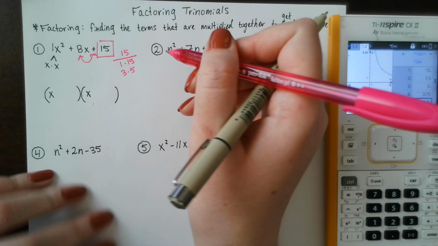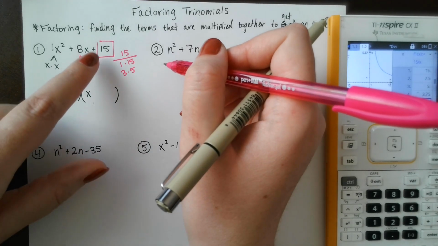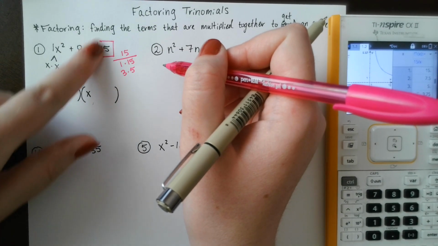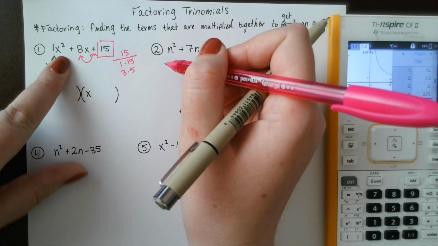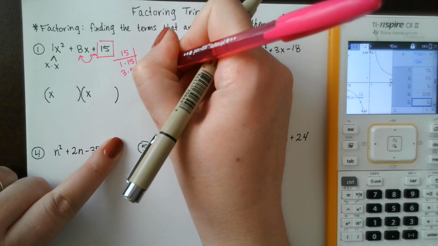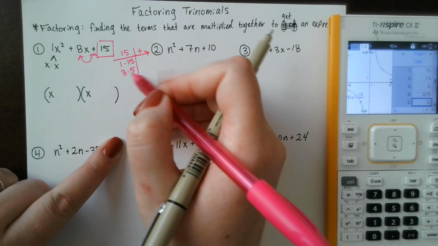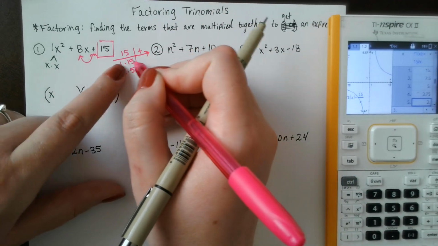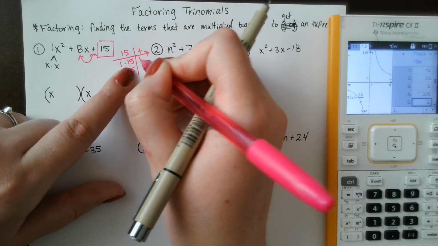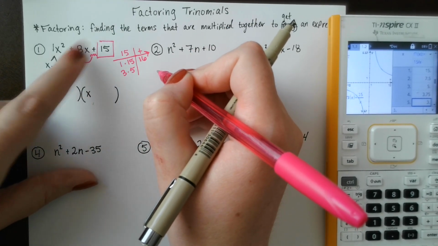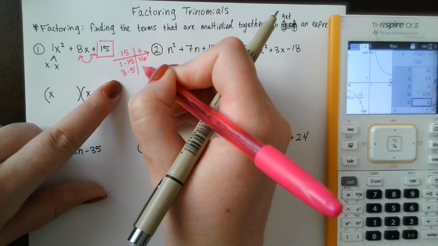Now I have to figure out which numbers I can add to get positive 8. So we're going to use the signs in our problem to tell us what to do. Now, to add, I'm going to make a little column over here. I'm going to start checking what's 1 plus 15. Well, that's 16. That's not what I'm looking for. I'm looking for 8. Well, now what's 3 plus 5?